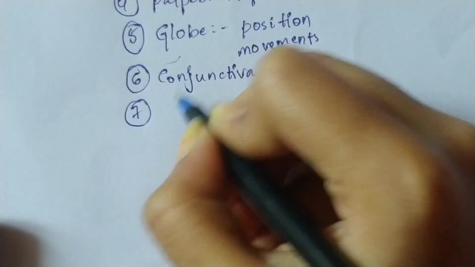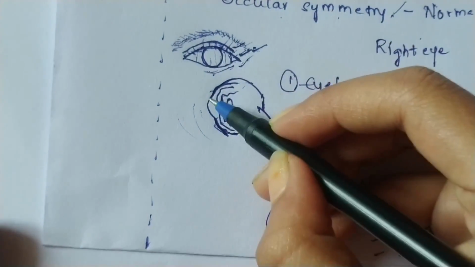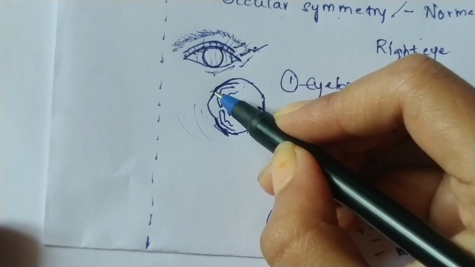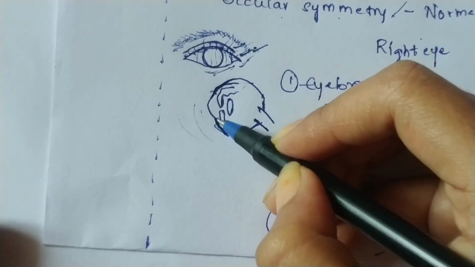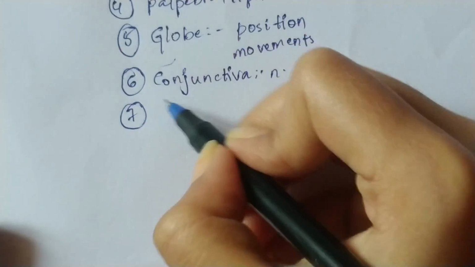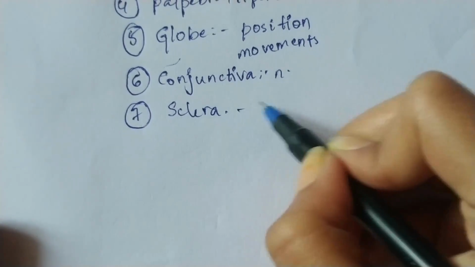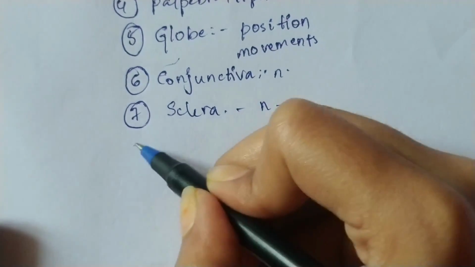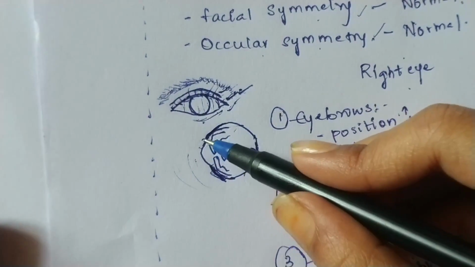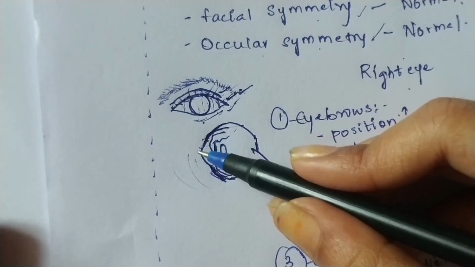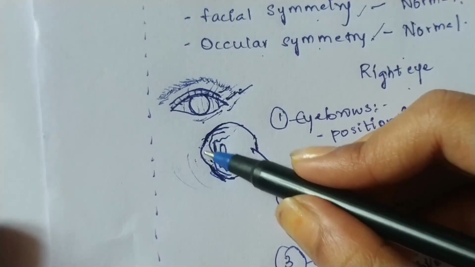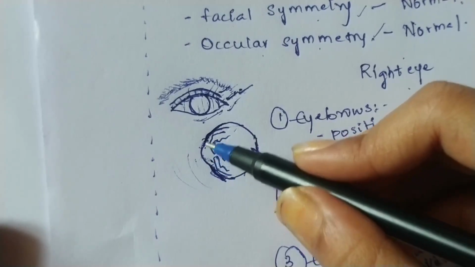And then after conjunctiva, if we go inside, this is sclera. We will write sclera. Sclera is normal or not. And then the only outer surface that is left is this one, that is cornea.